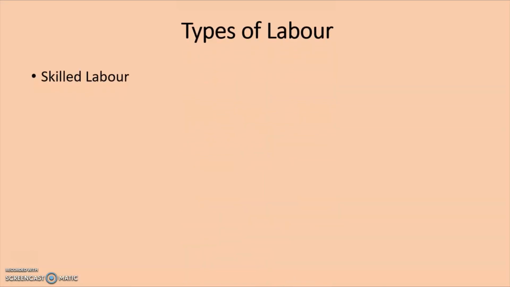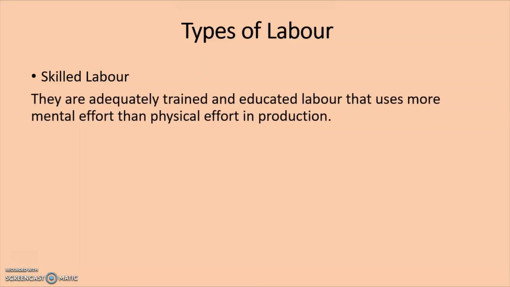We have two types of labor, the skilled labor and the unskilled labor. So let's define who a skilled labor is. The skilled labor is any labor who has undergone a certain form of training and is also well educated. And with skilled labor, they use more of their mental effort or strength than their physical effort or strength in production.